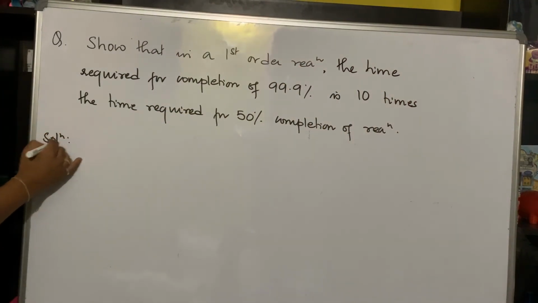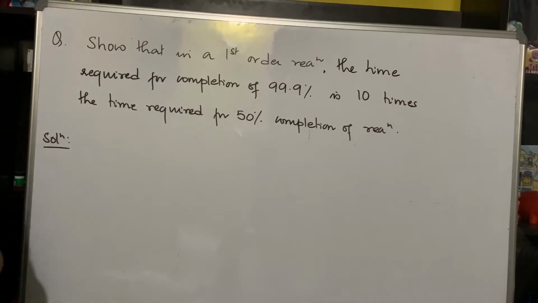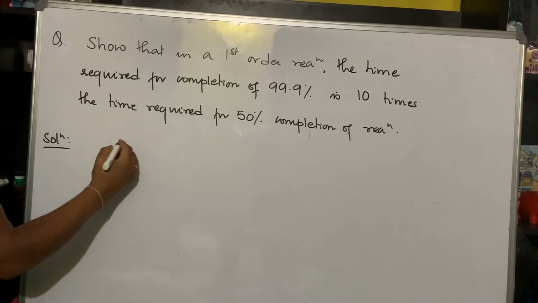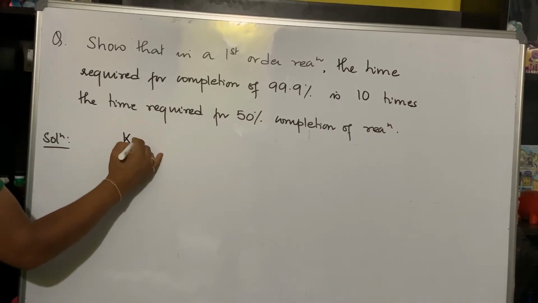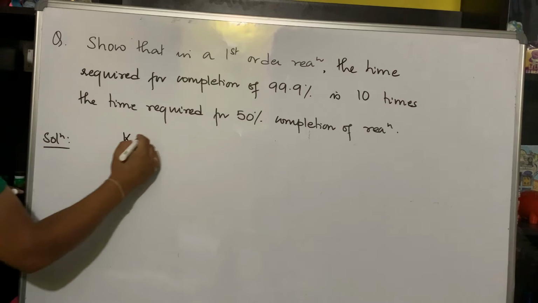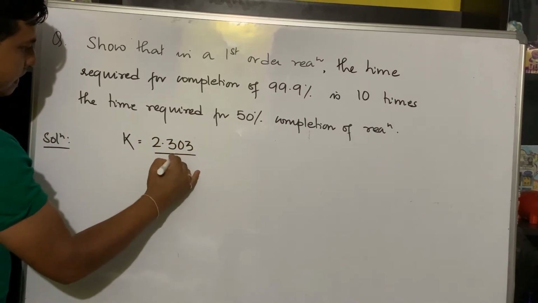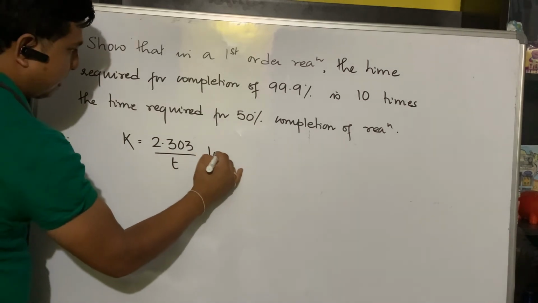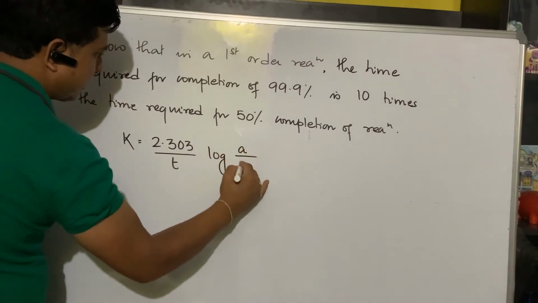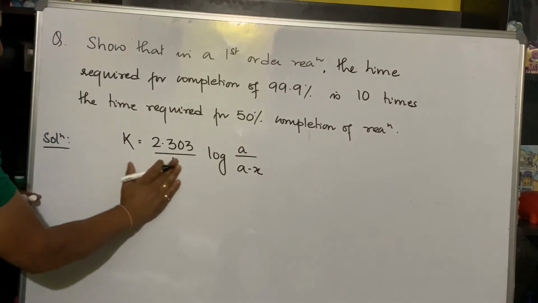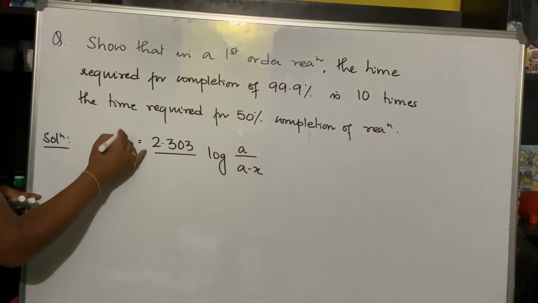So again, this is the question. Here we have to prove something. So here again, I'll be using the same concept. A reaction is 99.9% complete. So K equals 2.303 by T log A by A minus X. Or I can write down T out here since I'm supposed to calculate the time.